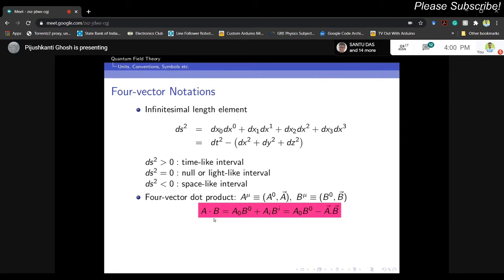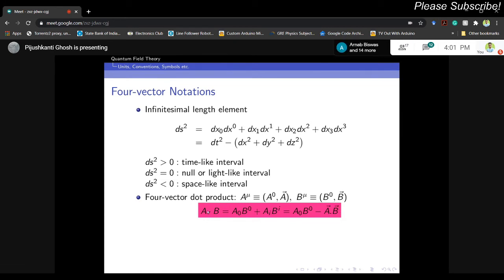The 4 vector dot product, we don't give an arrow on top of that 4 vector, but there is a dot. So if you find, say, A dot B with arrows, this means the spatial component of 4 vector A, B with a vector sign means spatial component of B, and the dot product is between the spatial components of A and B.